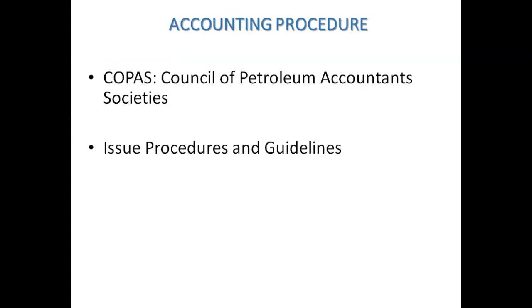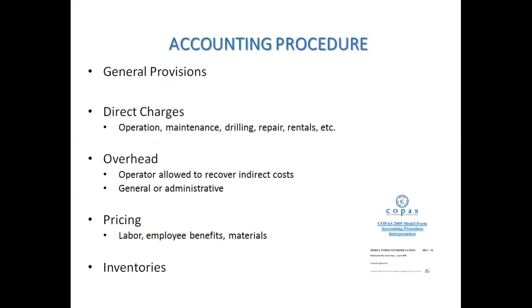For the accounting procedure, the Council of Petroleum Accountants Societies issues the procedures and the guidelines to be followed. These procedures include the general provisions. It determines what the direct charges are for, like operation, maintenance, drilling, repair, and rentals.